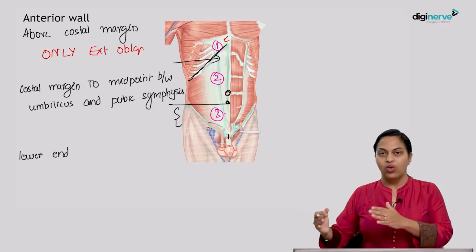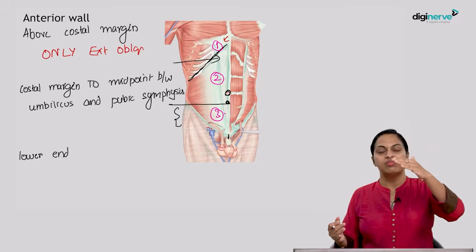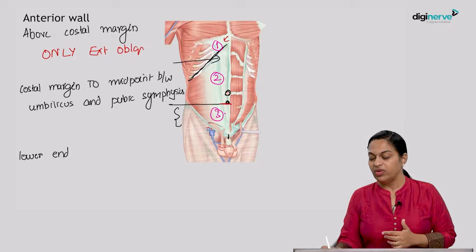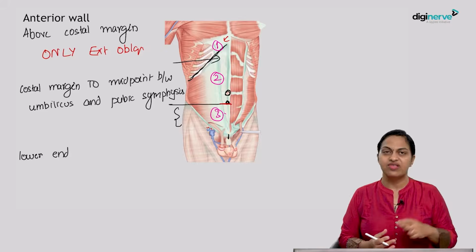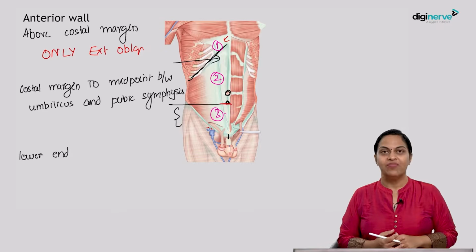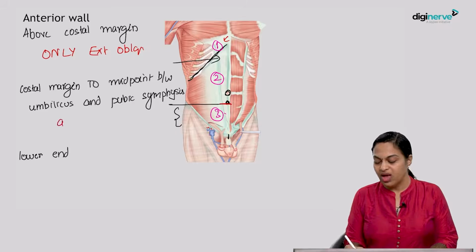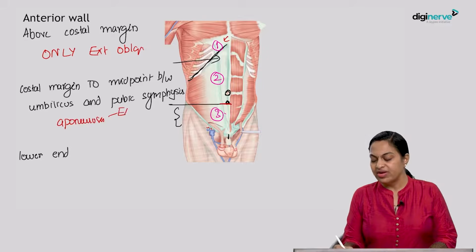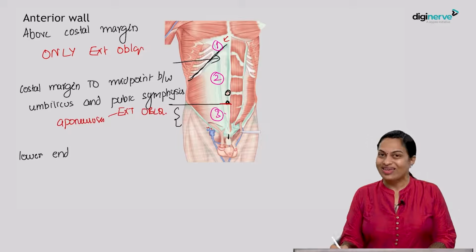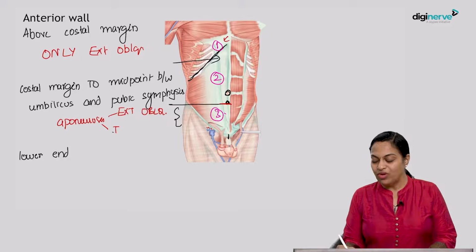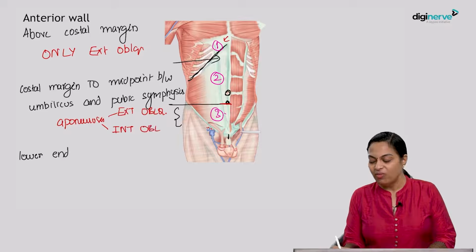Right. Now, in the area below the costal margin and up to a point midway between the umbilicus and the pubic symphysis, this mid-segment area, the anterior wall of the rectus sheath is going to be contributed by the aponeurosis of external oblique muscle. And yes, you can tell me the aponeurosis of internal oblique, its anterior lamella.